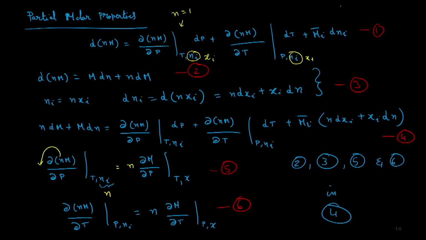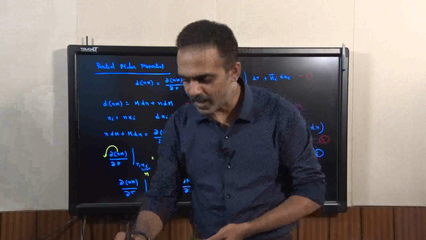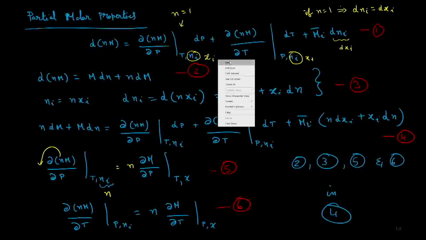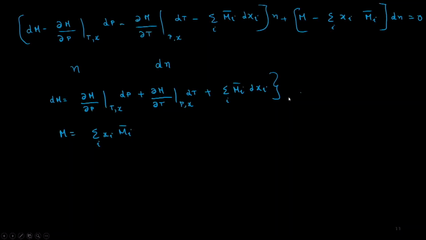So it is the same as dou m by dou p at t and x dp, plus dou m by dou t at p and x dt, plus sigma mi bar, and when the size of the system is 1, dni equals dxi, since the total number of moles is 1. So the last term will be dxi. So equation 1 essentially reduces to what we have here. This is a special case of 1 when the size of the system is 1.